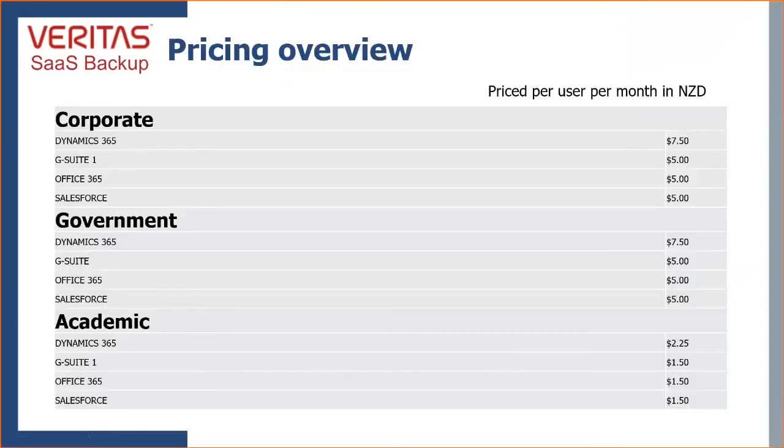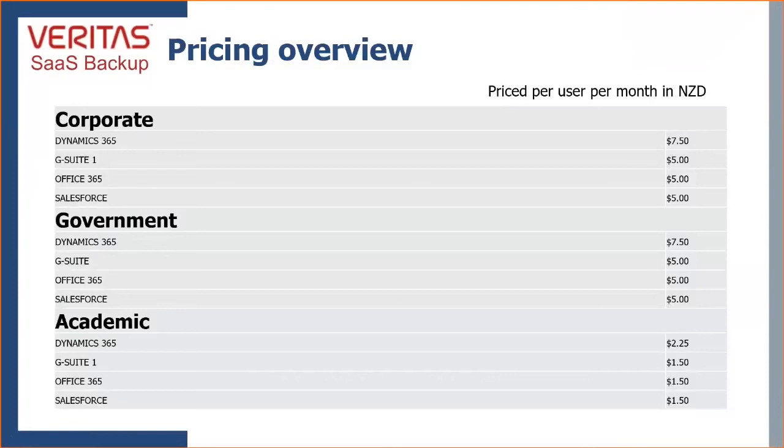Some basic pricing overview. Sophie, you can chime in if any of this has changed recently. Within the corporate and government plans, we're talking about this as per user New Zealand pricing. I think this is very generic and basic pricing. You're looking at $5 for G Suite, Office and Salesforce, and in Dynamics you're looking at $7.50 a user.